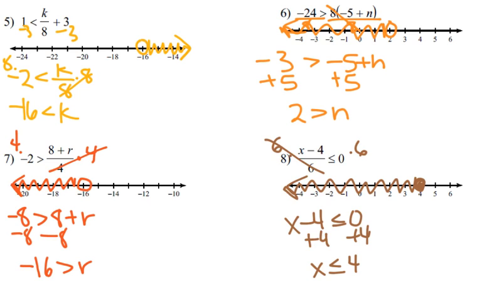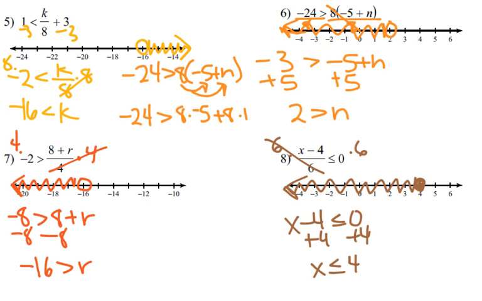Okay. The other way to do this problem would be to actually use distribution. So I take the 8 and I multiply it, so I get negative 24 is greater than, and it would be 8 times negative 5 plus 8 times n. So that would be negative 40 plus 8n is less than negative 24.